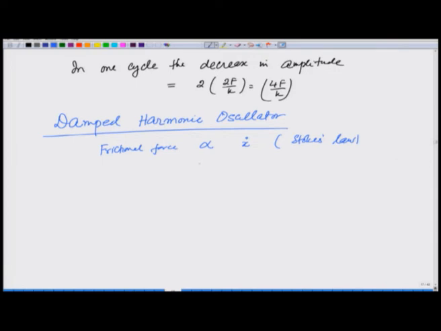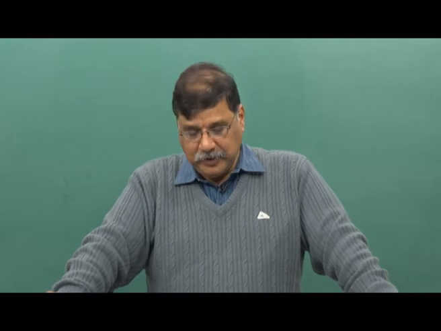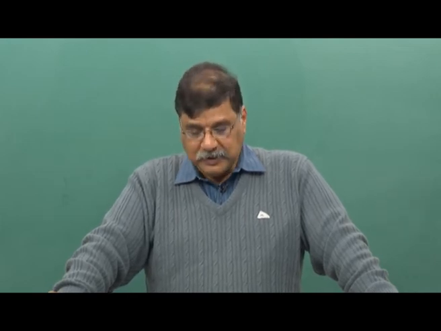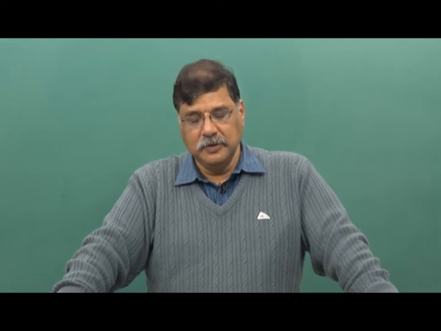So, I am going to call this equal to minus b x dot. So, the equation of motion now is m x double dot is equal to minus k x minus b x dot. Notice that in this case I do not really have to put a unit vector or anything, because whatever the sign of the x dot is, minus b x dot gives me the force opposite to that.